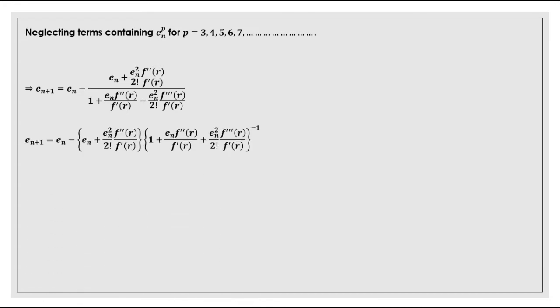After neglecting this term, we can take this denominator to this side, where the power of this whole term is 1. After shifting it to the numerator, the power will become negative.